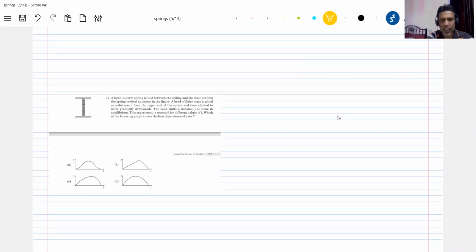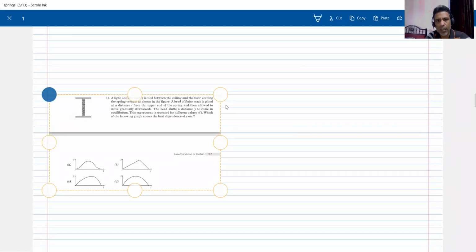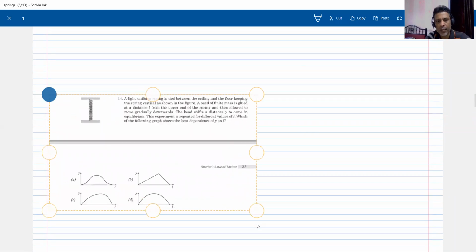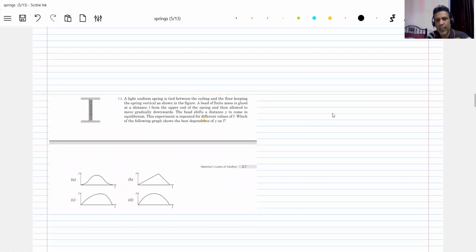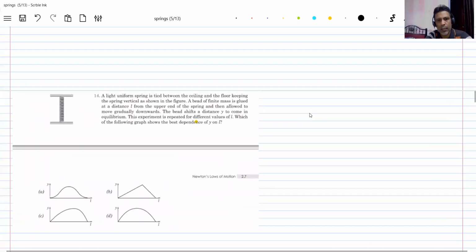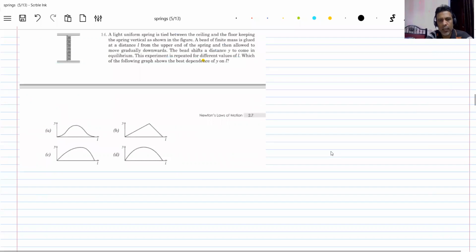There's a small question. We'll take this one here. Okay, read the question. I'm just magnifying it. A light uniform string is tied between the ceiling and the floor, keeping a spring vertical as shown.